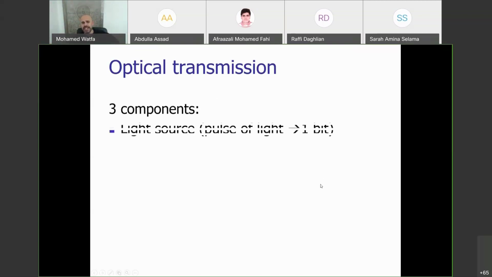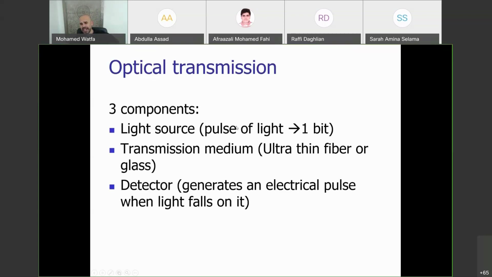So basically, yes, we have a light source, which is sending a pulse of light for 1 bit, a transmission medium, usually very, very thin glass that allows the light to reflect back and forth, almost like in a straight line because the thickness of it is so small. So let me just draw a nice picture here. If I have glass here, I have glass here, I send light here, it's going to reflect back and forth.